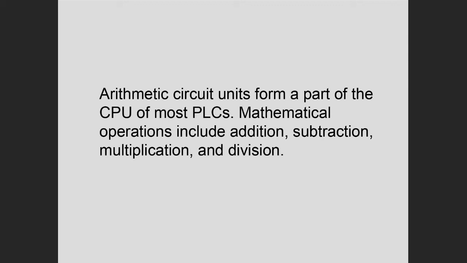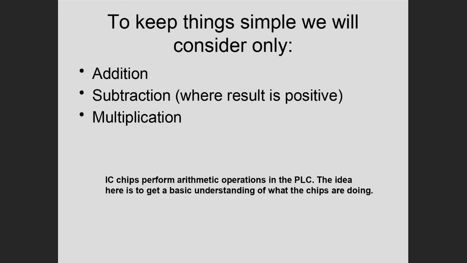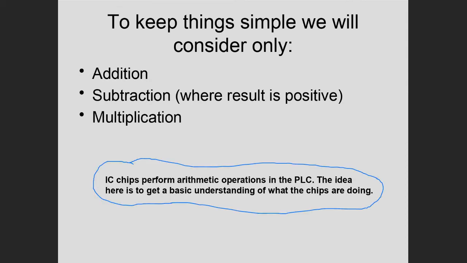So every microprocessor has an ALU. And we just kind of wanted to understand what that ALU is doing. So again, we looked at addition, subtraction, where the result is positive, and we looked at multiplication. And at the bottom here, I mentioned what I said before, is we actually have chips, integrated circuits that perform the operations.